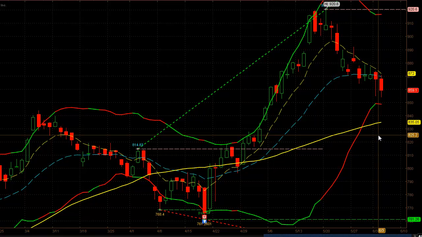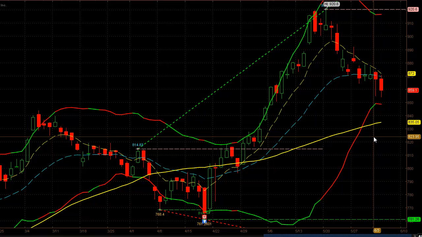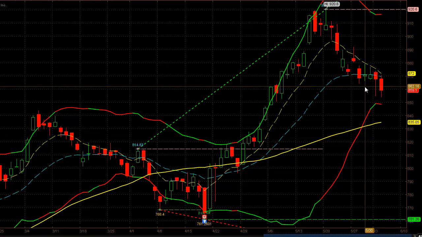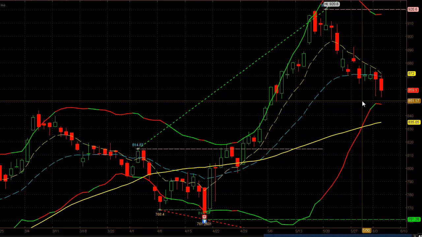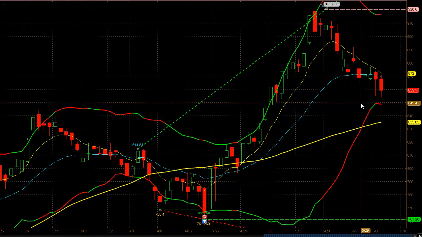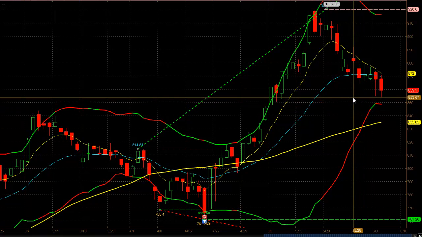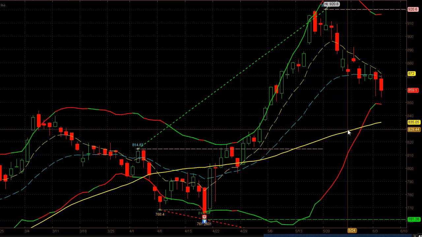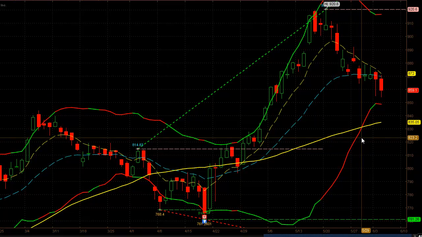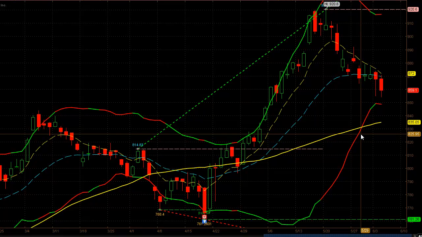So my downside risk is right down here at 825, but the major meat of this trade is if it closes below 850. If it closes below 850, I'll make $380 a contract plus the premium, as long as it doesn't close below 825, plus that premium that I collected there.